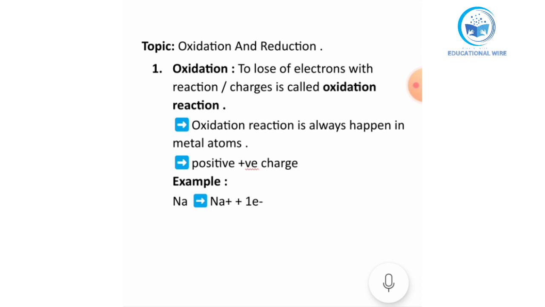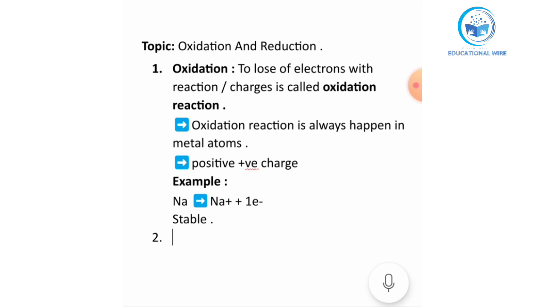There is 1 electron in its valence shell, so it loses its electron to be stable. It's necessary that you have a metal atom, and losing its electron is called the oxidation process.